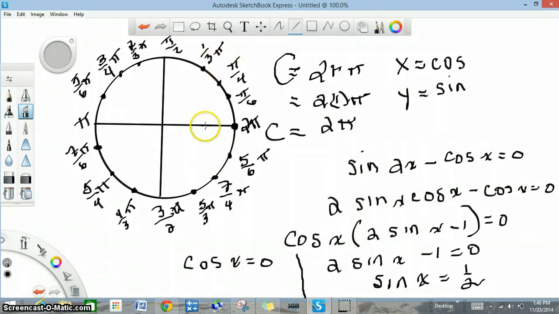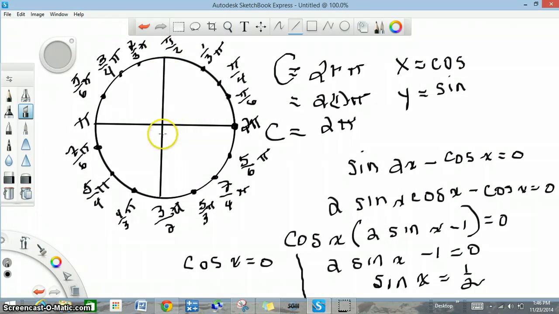Okay, now as I said, this is 1, 0. Using the Pythagorean theorem, we can find out the coordinates of these three guys right here, and that's going to give us our answer. This one here is easy enough because the cosine is 0 and the sine is 1. But hang on, didn't we say we needed to find where the cosine of x was 0?